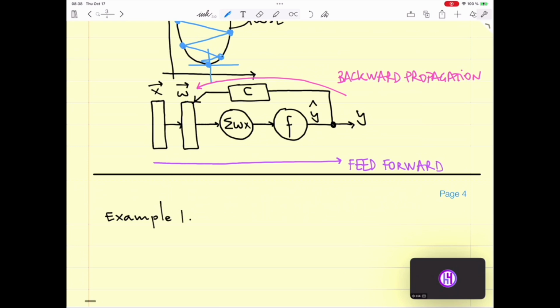So example number 1 is called single neuron perceptron forward pass. Okay, so we do the forward pass, this part, steps 1 and 2.